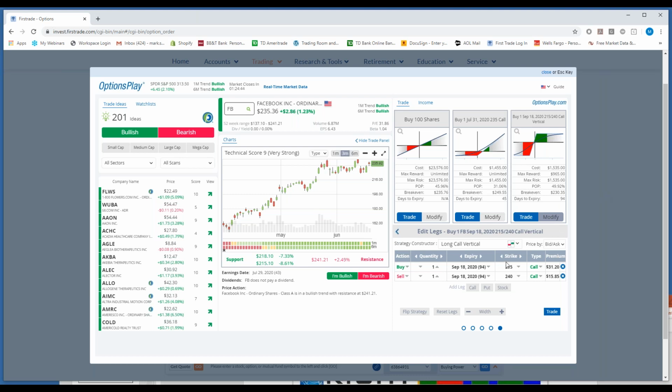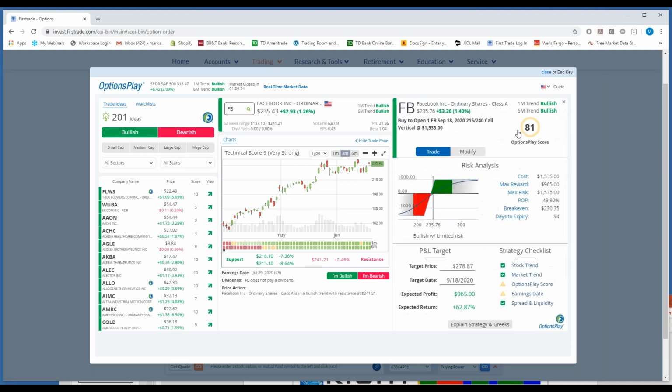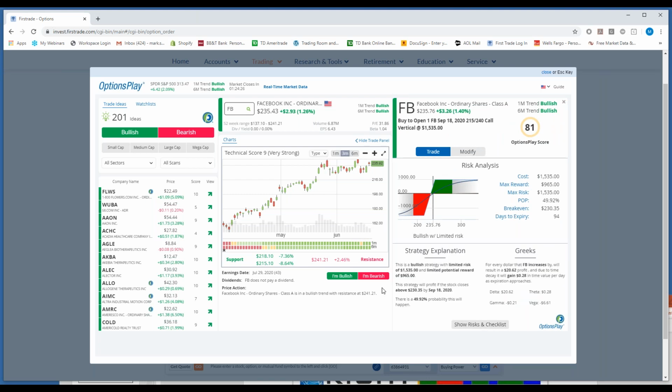Okay. And the 215, 240. You can look at the Greeks on that. We need 230 for break even. So we're above that. It's a 50-50, which is excellent.